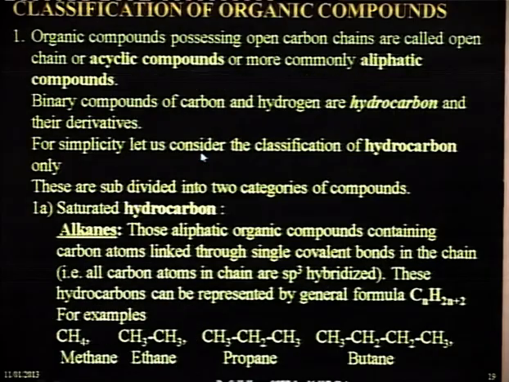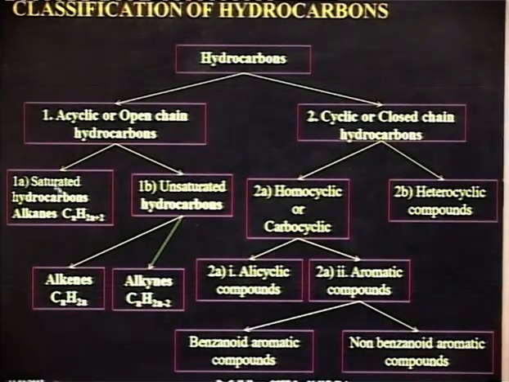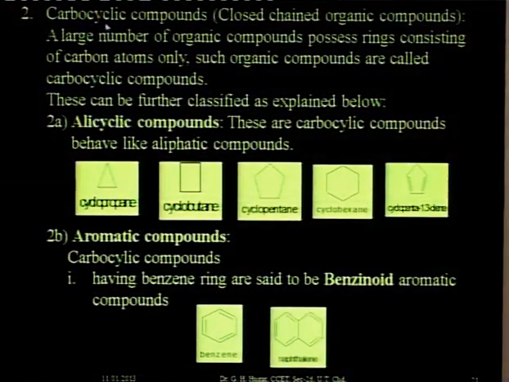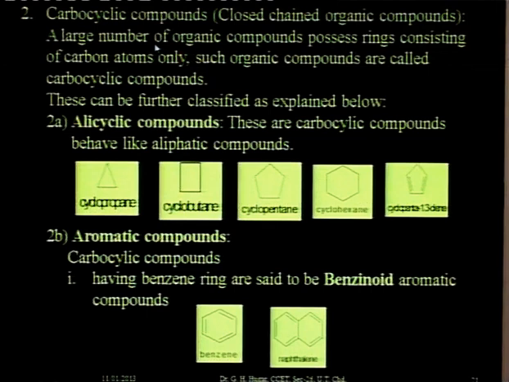Next, as you know, we have completed saturated and unsaturated, alkenes and alkynes under unsaturated, and alkanes under saturated. So, now we will go to cyclic or closed chain hydrocarbons. Carbocyclic compounds are nothing but closed chain organic compounds. A large number of organic compounds possess rings consisting of carbon atoms only. Such organic compounds are called carbocyclic compounds.